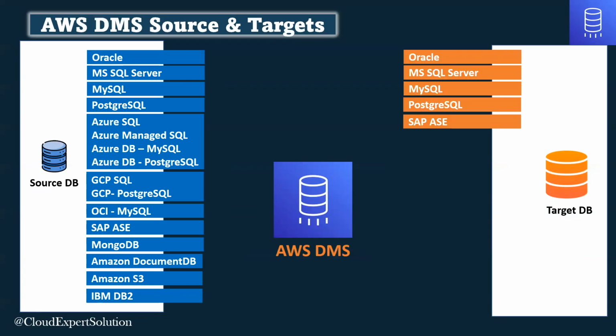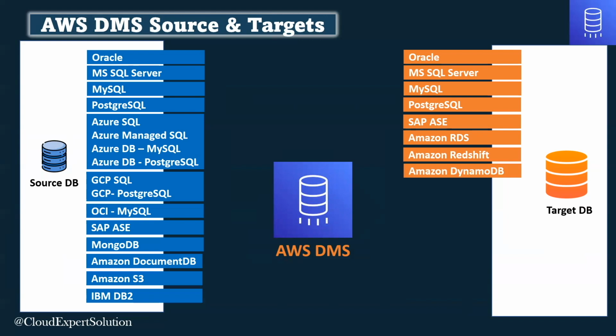The targets could be Oracle, MS SQL Server, MySQL, PostgreSQL, SAP ASE. Now, when you are talking about this, you can host those on an EC2 instance, or you can use Amazon RDS to host Oracle, MySQL, SQL Server, and PostgreSQL. You can also migrate to Amazon Redshift, which is a data warehouse.